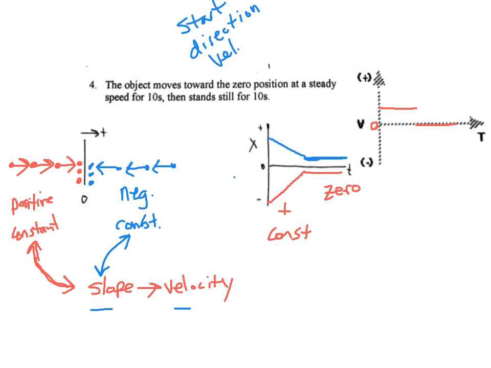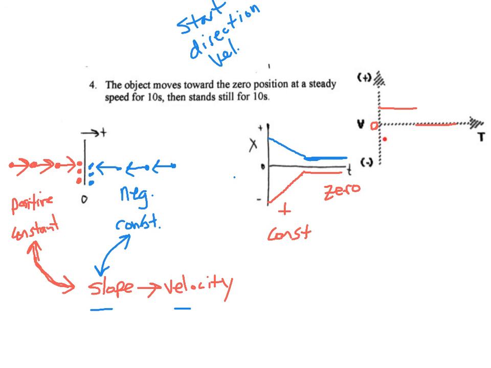And lastly, how does this look over here? Well, describe this again. We described it as negative and constant, right? Negative constant slope, which means negative constant velocity. Where is velocity negative?